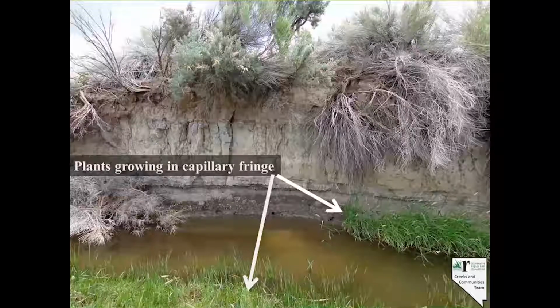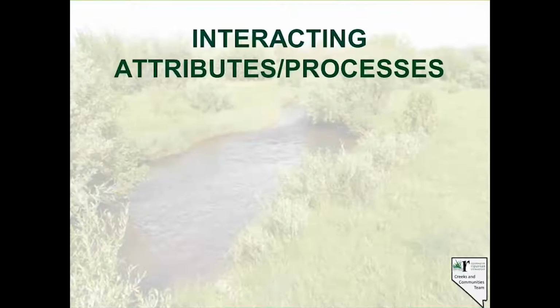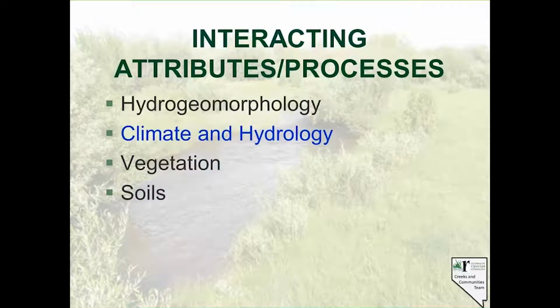Again, getting back to this idea that a lot of these individual characteristics are interrelated. So you've got your hydrogeomorphology, right? So the water and the shape of your channel and of the watershed, and then climate and hydrology. So that's your inputs, how they change seasonally, annually, or over a longer period.